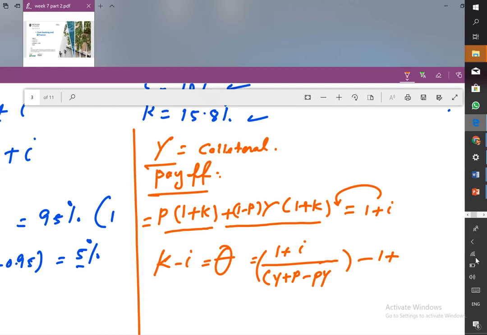So 1 plus I, this is 1 plus K minus 1 plus I. It should give you the premium.